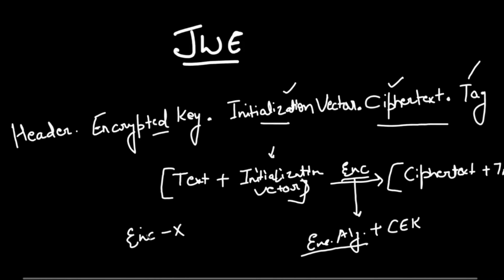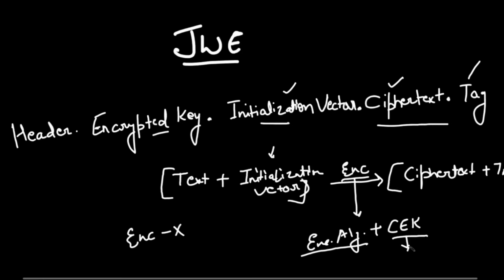So if we have used this content encryption key to encrypt this payload, then we cannot send it in a plain format here, right? We have to send this encryption key after encryption.